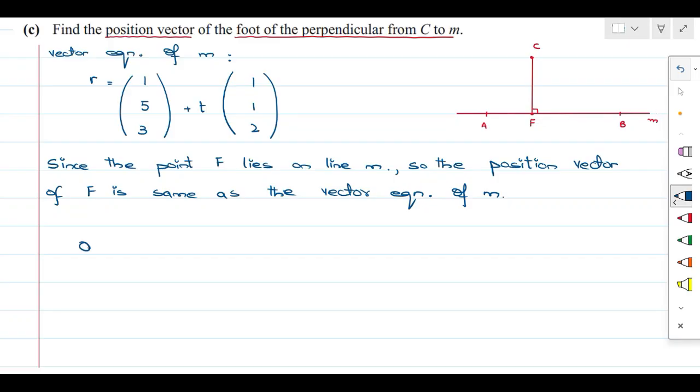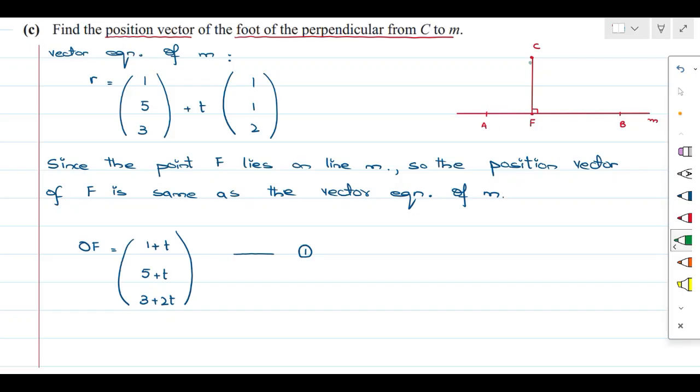So the position vector of F, we can say OF, should be equal to 1 plus 1 times t, 5 plus 1 times t, 3 plus 2 times t. This should be your position vector of F, the foot. So we have to solve for t and then just plug into the first equation. Let me name this as equation number 1, right?